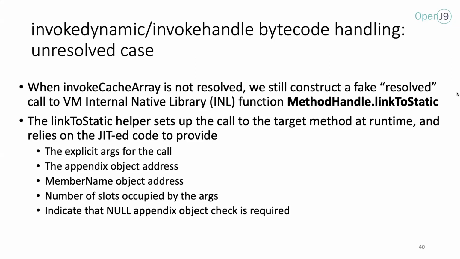And we also need to indicate that we may have pushed a null appendix object address because we are not able to check it at compile time. So we just provide the address and notify the linkToStatic helper to check it at runtime to see if it's null or not.